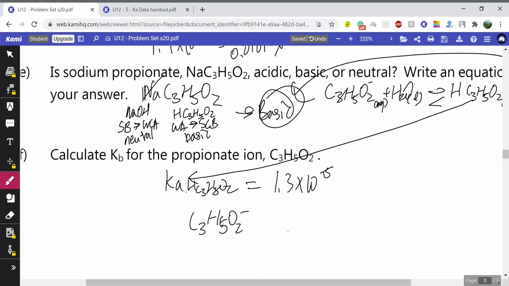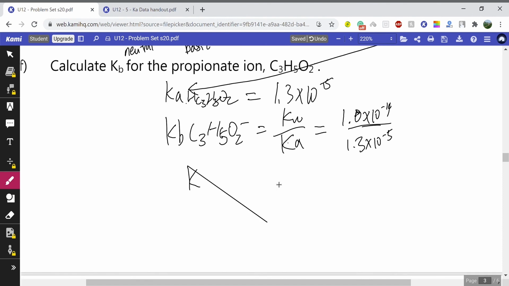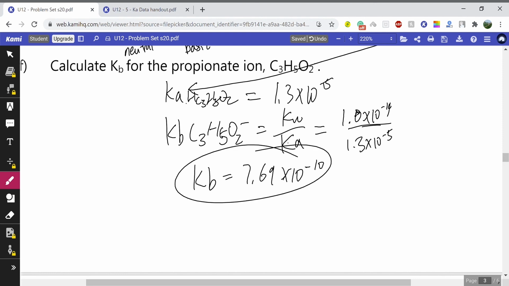The Kb for C3H5O2 minus will be the Kw divided by the Ka of its conjugate acid, which is 1.0 times 10 to the negative 14th divided by 1.3 times 10 to the negative 5th. That will give us an answer of 7.69 times 10 to the negative 10th power, and that is our Kb.